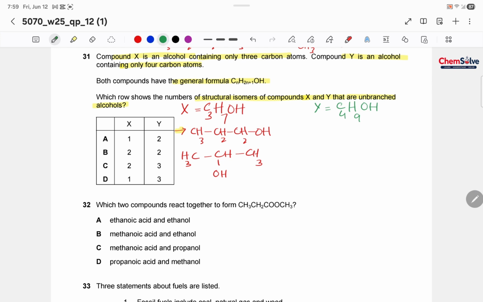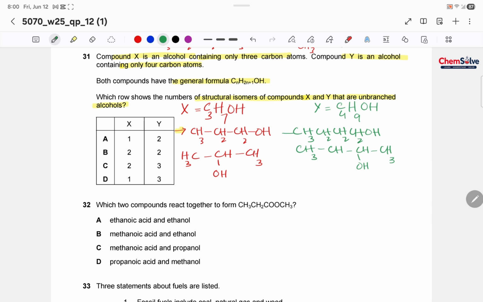Now talking about the structural isomers of Y, again we can put all 4 carbons in a straight line like this and attach hydroxyl group with them. Then hydroxyl group would be attached with the second carbon, and a tertiary alcohol will be formed.